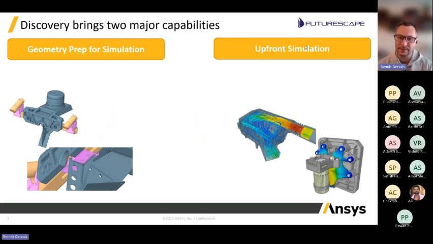It's just being used to conceptualize some of the simulation, and then after that, right in the environment, you can do upfront multi-physics simulation. For example, we have RF simulation, vibration simulation, thermal simulation, all within the same environment, so you can test that concept before you move forward to detailed design.